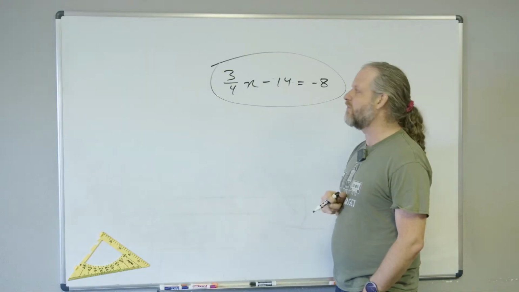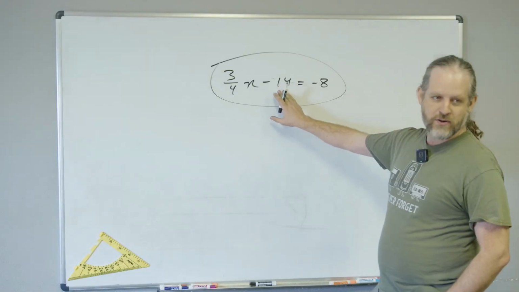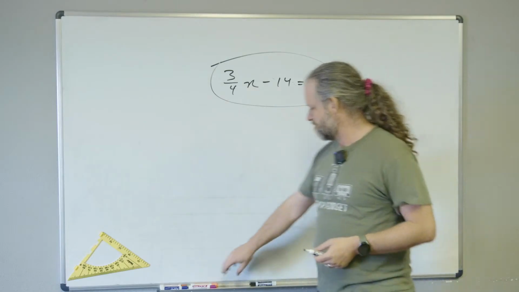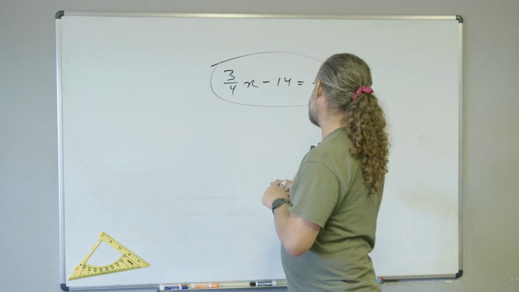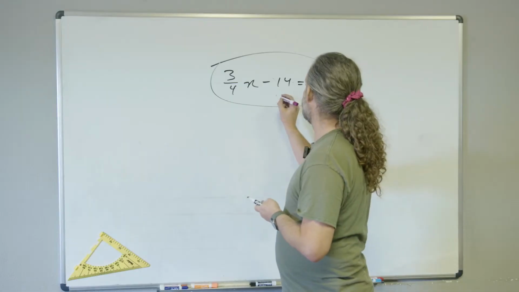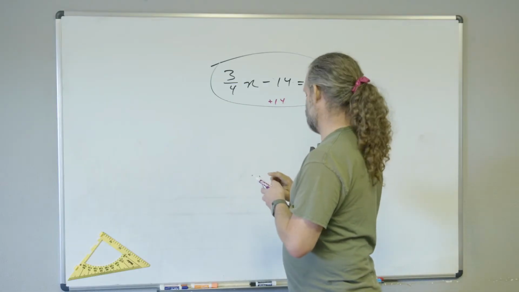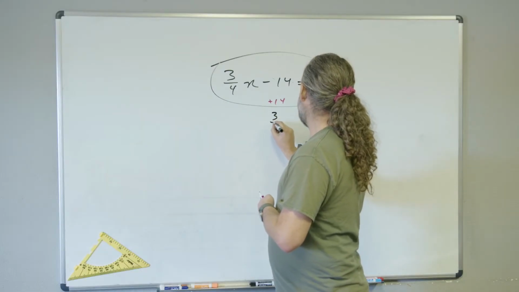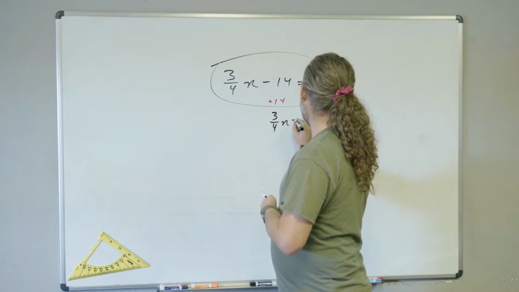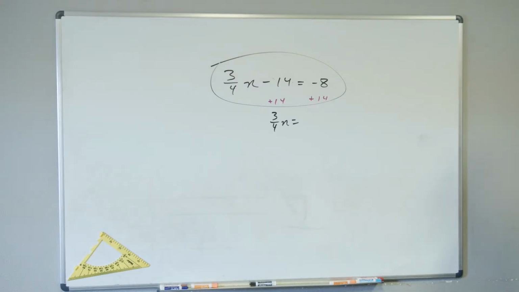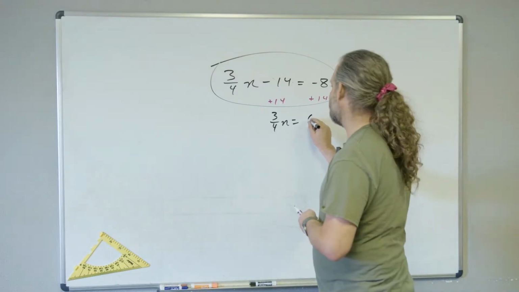So let's get rid of this one first. How do we get rid of this one? Plus 14. Three-fourths n equals negative 8 plus 14, which is 6. It is 6, not 7.